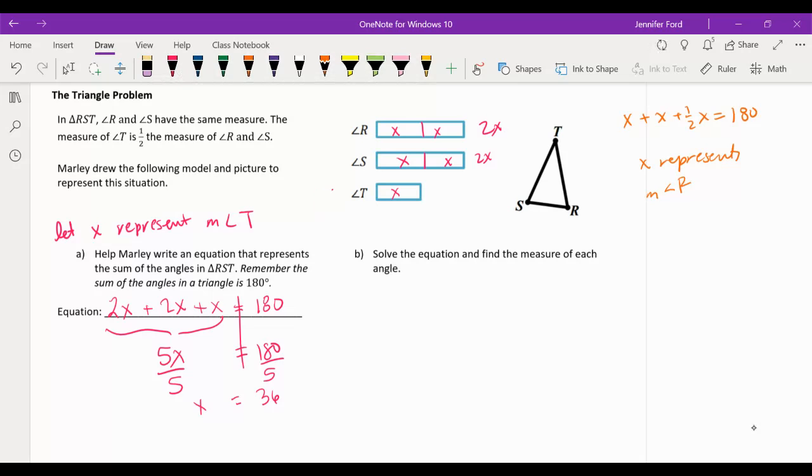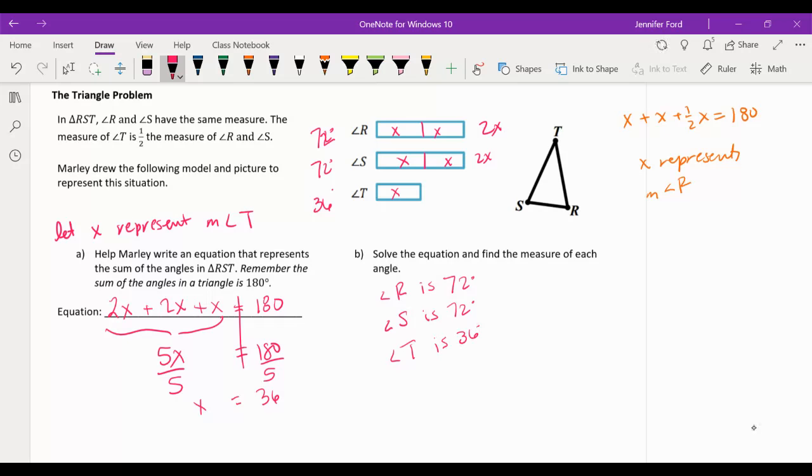Let me write it so you can read it. 36 degrees. Angle R and angle S are going to be double that, which is 72 degrees. So angle R is 72 degrees. Angle S is 72 degrees. Angle T is 36 degrees.